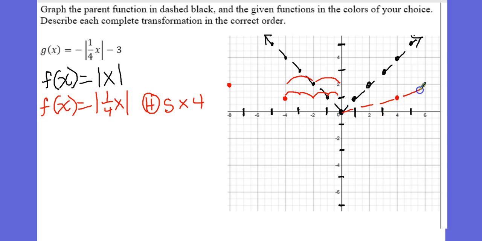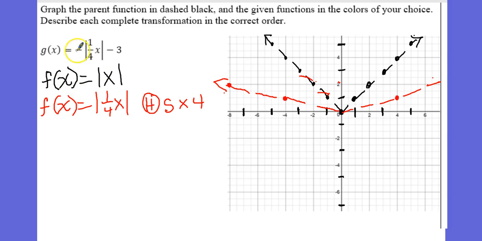So that's it for that one. Just draw your dotted lines or your dashed lines. And there you have your stretch, your horizontal stretch. I'm going to erase these little lines I was making. Okay, so we've done everything that we were given inside the grouping symbols. So now we move outside the grouping symbols.